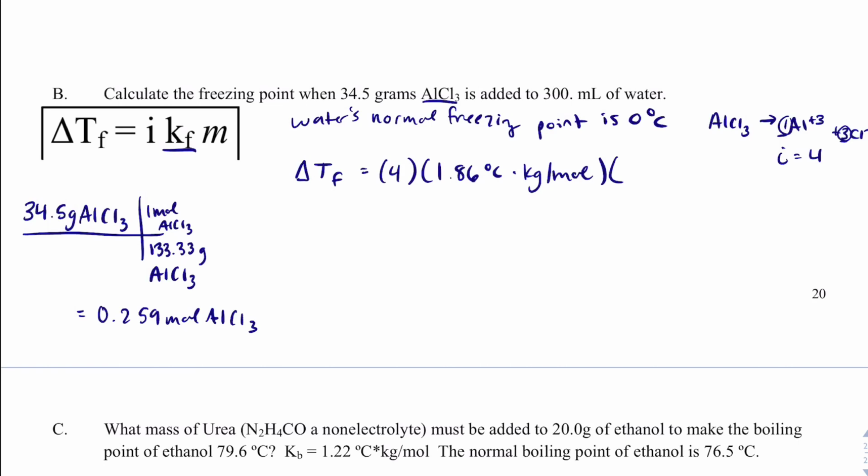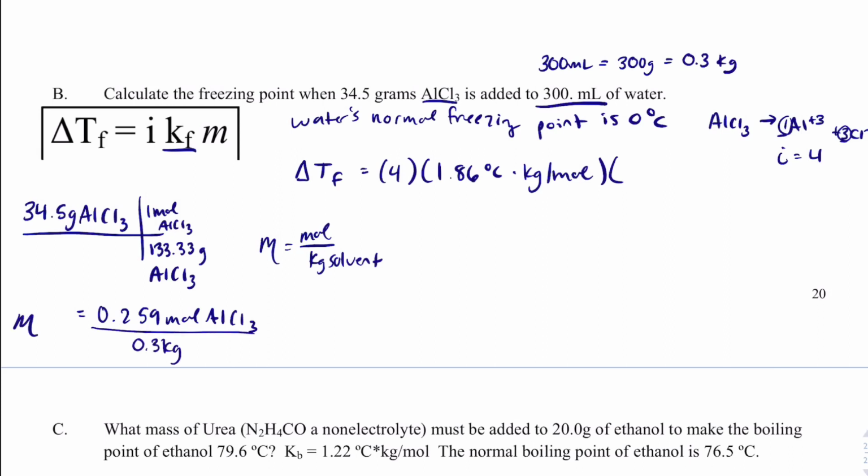But molality is equal to moles divided by kilograms of solvent, and water is typically your solvent. So we've got 300 milliliters. 300 milliliters, if you remember from Unit 1, will be 300 grams. 300 grams is 0.3 kilograms. So our molality is going to be, let me plug this into my calculator, 0.863 molal.